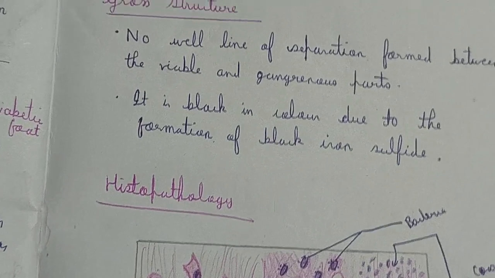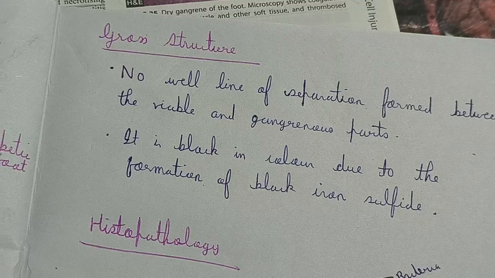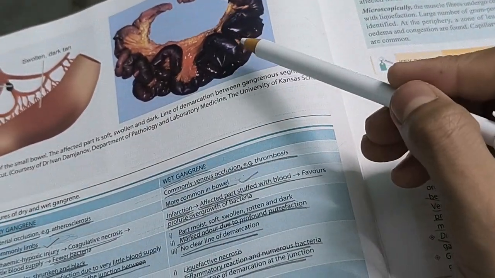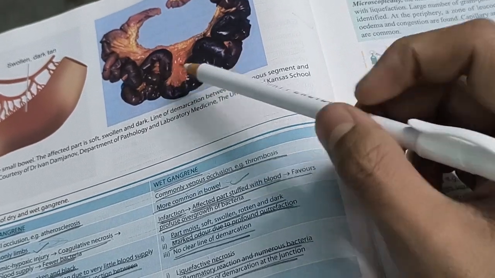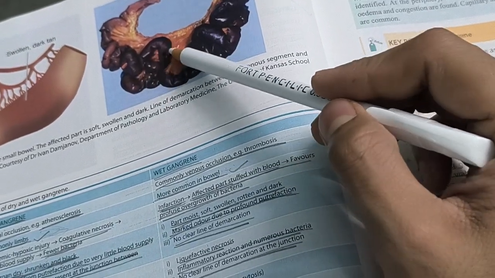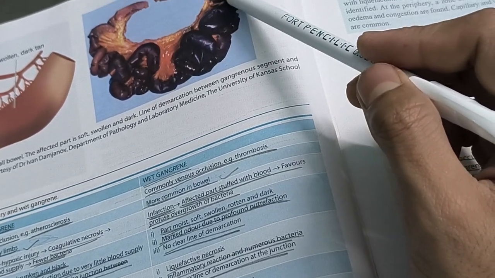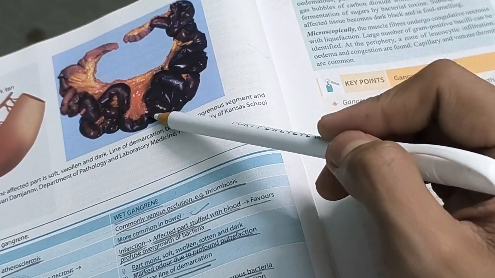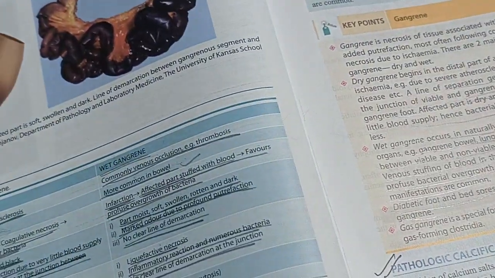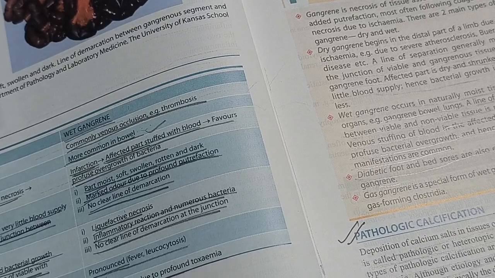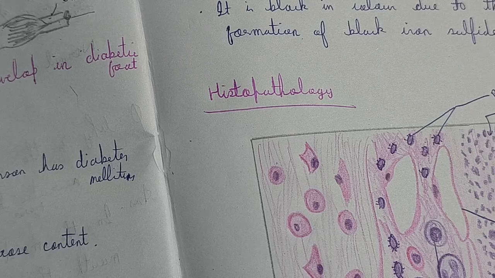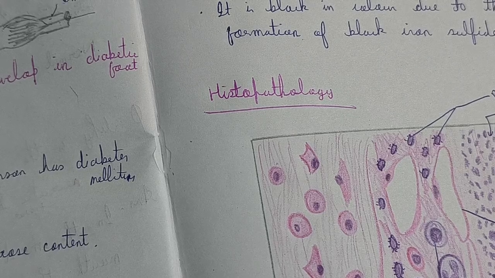So friends, now I'm going to explain the gross structure. You can see here these are the affected parts, and these are the affected parts, and these are the non-affected parts. But in some cases you can't easily see a well-defined line of demarcation, and compared to dry gangrene it is not well seen.